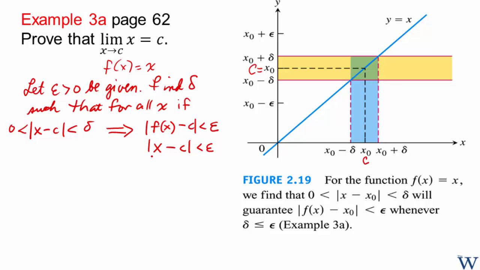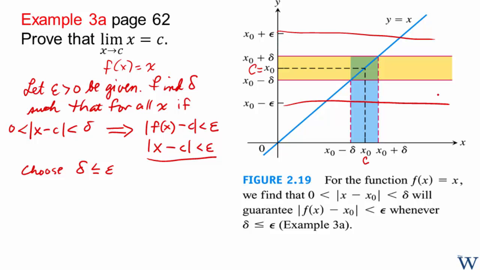Well, this inequality will be true if we choose delta to be equal to epsilon, or even in fact less than epsilon, it'll still work. Suppose this is our epsilon band, then any delta that's less than epsilon is going to work.